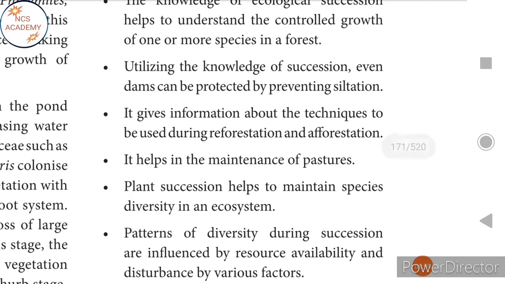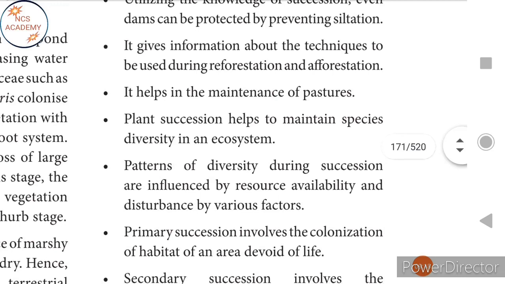Another important point, it gives information about the techniques to be used during reforestation and afforestation. It helps in maintaining pastures. Plant succession helps to maintain species diversity in an ecosystem.